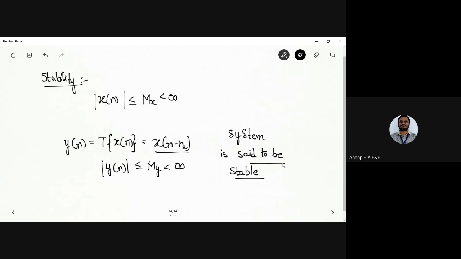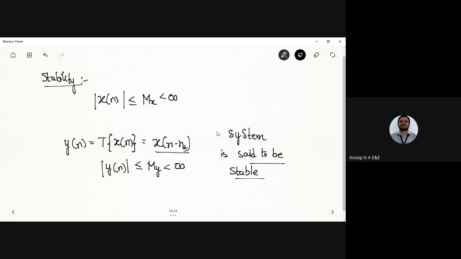So this is how I can consider whatever signal is being given, and come to a conclusion about it: linearity, causality, all these things can be verified.